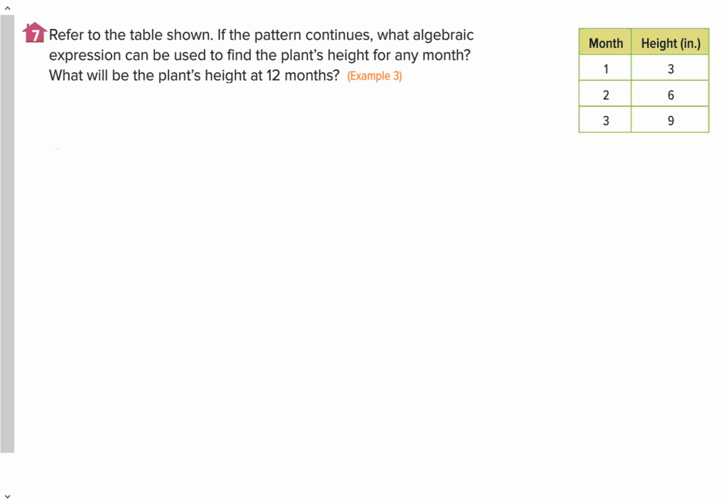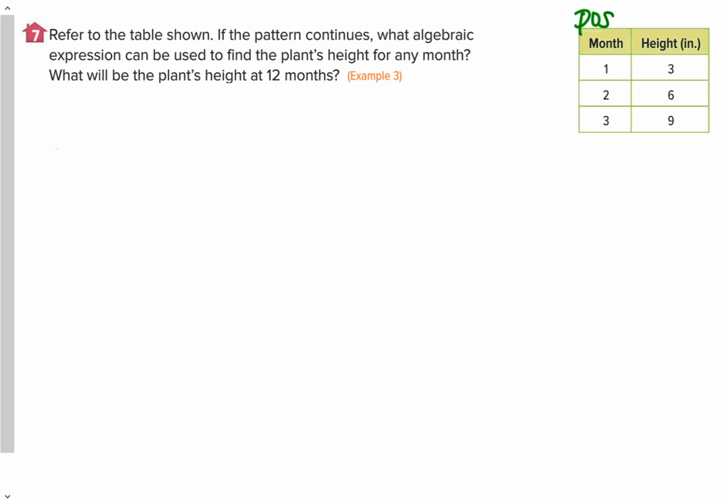Here's our last example that has to deal with writing a geometrical sequence. If the pattern continues, what algebraic expression can be used to find the plant's height for any month? What will be the plant's height at 12 months? So here it's really important, this is going to be considered the position of the two of them.